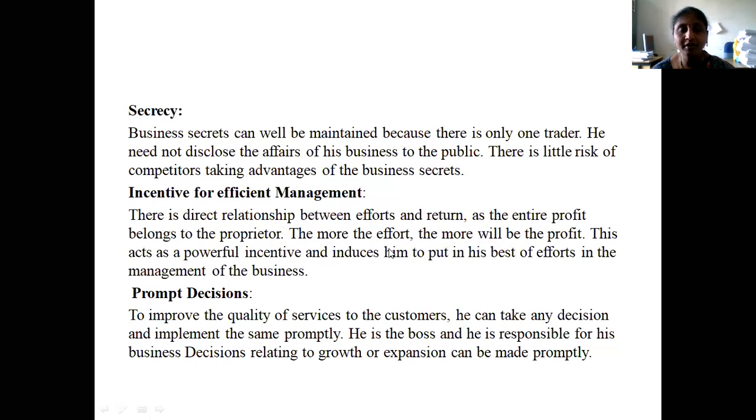The effort you are putting in acts as an incentive for developing your business, because the effort is going to give you more profit. That's why this acts as a powerful incentive and induces him to put in his best efforts. Induces him means what? It is encouraging him to put in his best efforts.